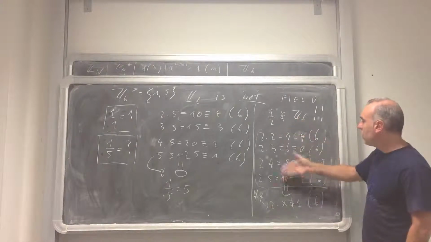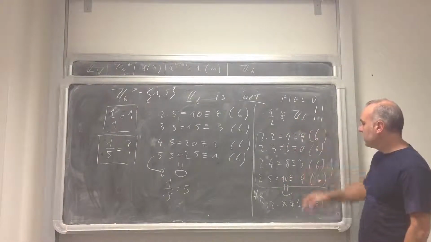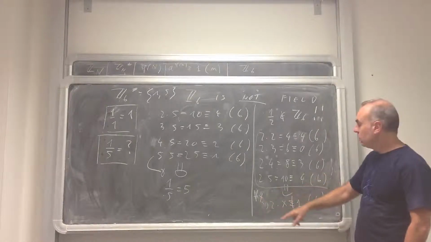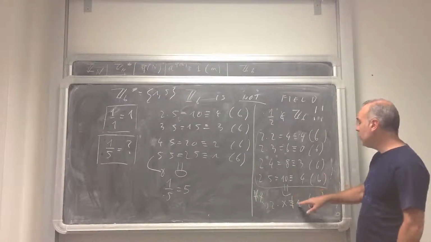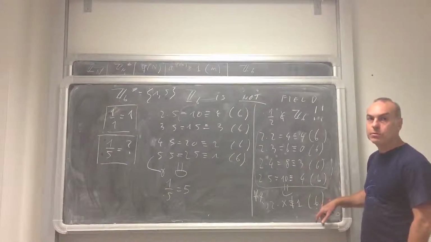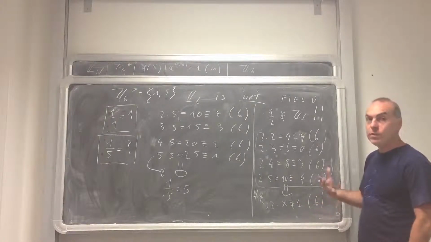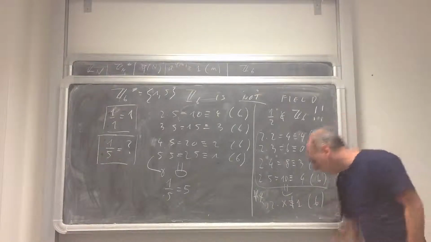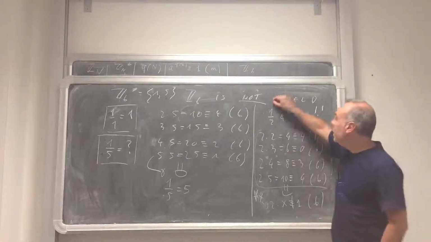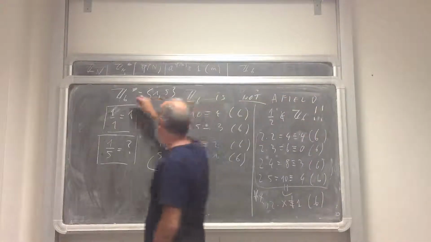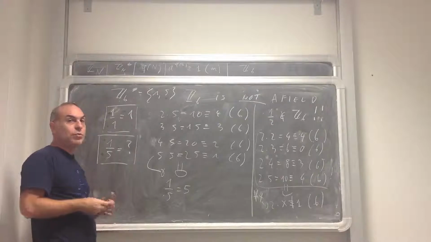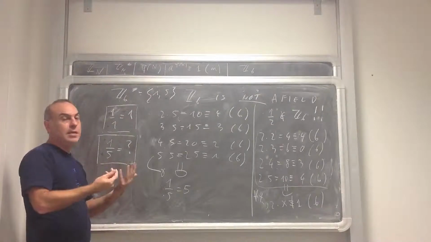So all possible products are different from 1. For all x, 2 times x is always different from 1 modulo 6. So there is no inverse for 2. And that means that Z6 is not a field. On the other hand, the elements in Z6 star all have inverses. And that's true in general for Zn and Zn star.